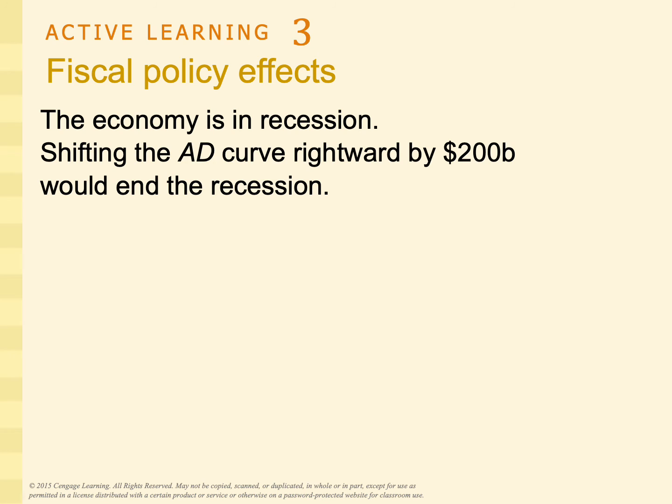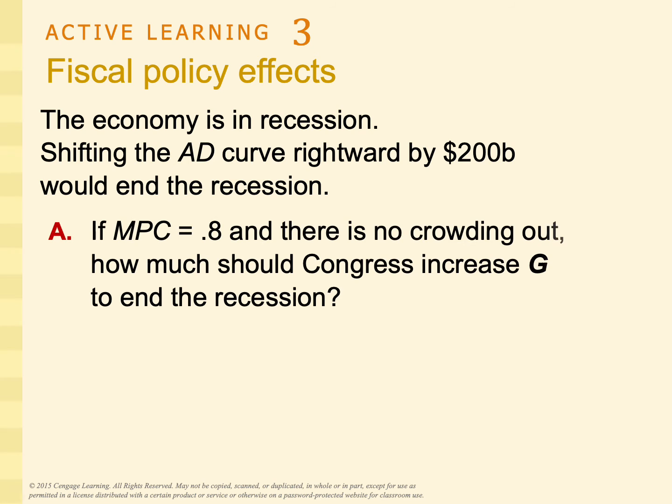Okay, so let's look at another example. Suppose the economy is in a recession, and that shifting the aggregate demand curve to the right by $200 billion would end the recession. If MPC is 0.8 and there is no crowding out, how much should Congress increase G by to end the recession?